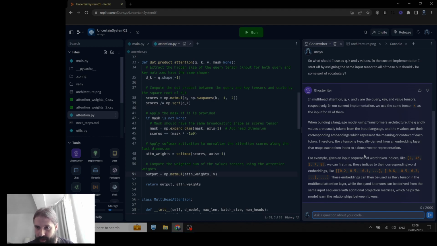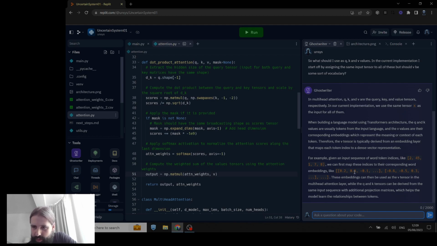When building a language model using transformers architecture, the Q and K values are usually tokens from the input language, and the V values are the corresponding embeddings which represent the meaning or context of each token. Therefore, the V tensor is typically derived from an embedding layer that maps each token index to a dense vector representation. Okay, so this is getting more complicated.